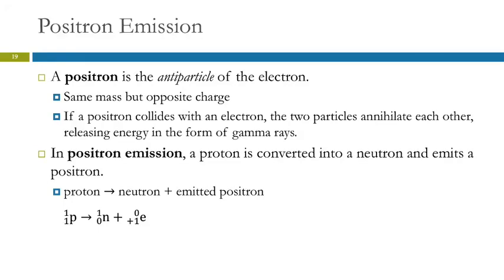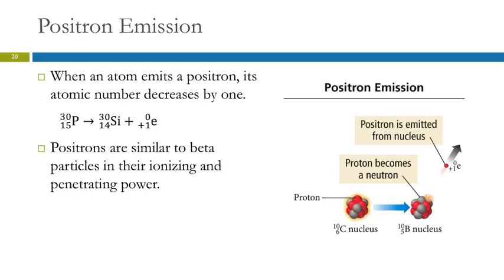In positron emission, a proton is converted into a neutron and emits a positron. So we take the proton, and that can come apart into a neutron and an emitted positron. This is kind of like, but not like, the electron plus the proton becoming the neutron, right? It's fun to keep that straight.